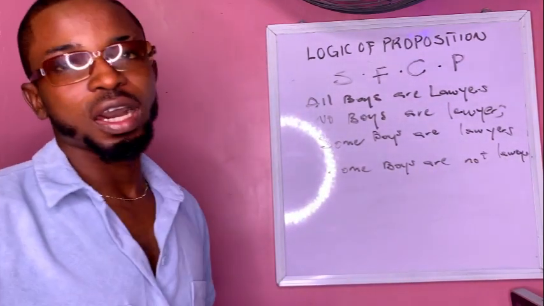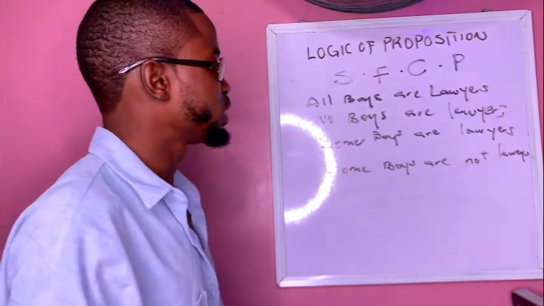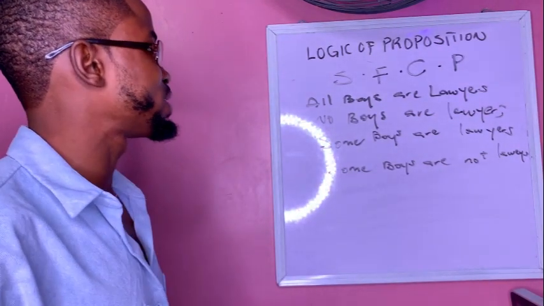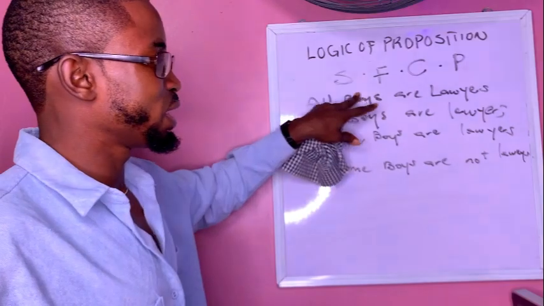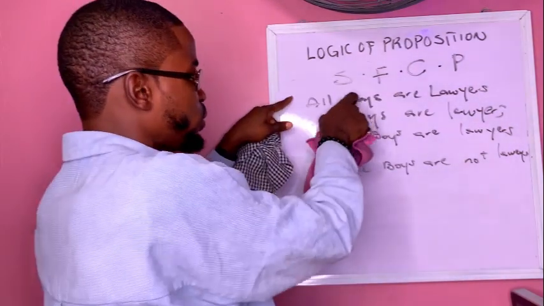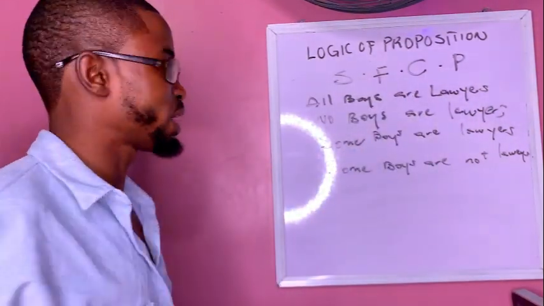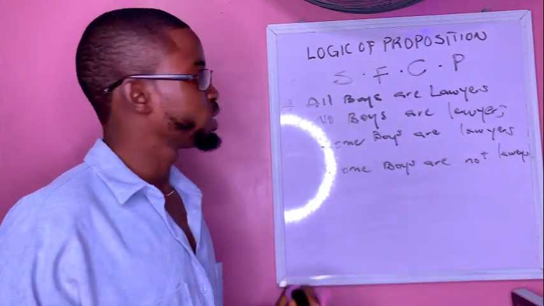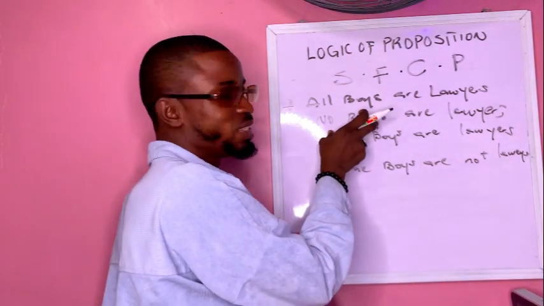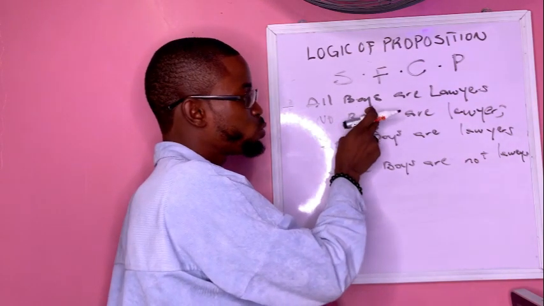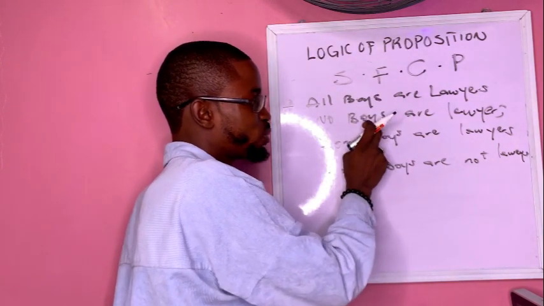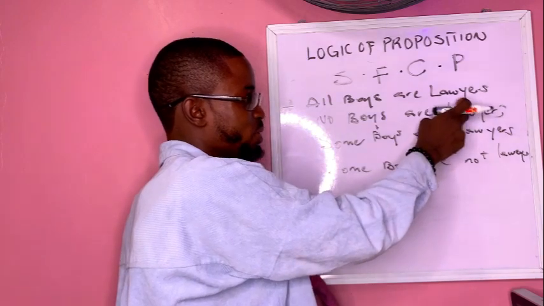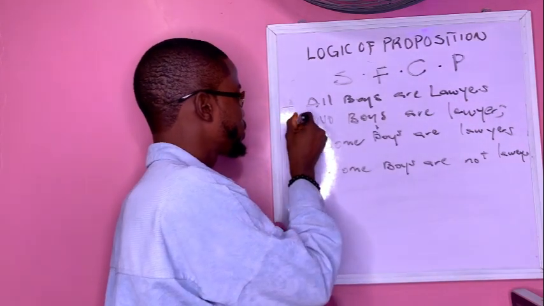So if the particular proposition says that everything here is part of this one, that is all of these are part of the other class, then we say it is an A proposition. Then if it denies a class inclusion, a full class inclusion between the subject term and predicate term, then we say it is an E proposition.